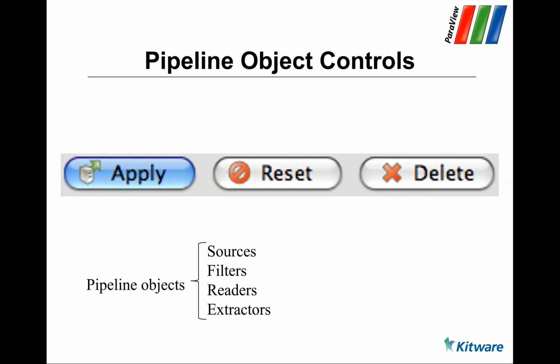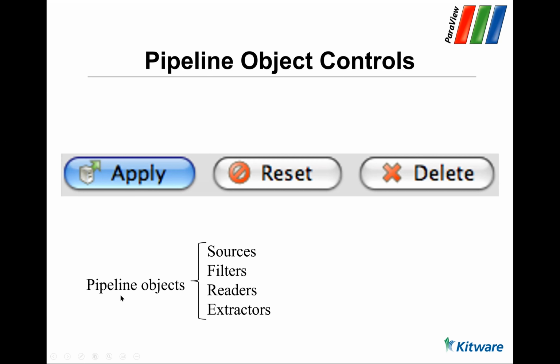Okay, so next, we talked about the need to always press apply when you create a new filter or when you change properties. If you change a property and change your mind, you can click reset. That's going to get the previous value of the property, or you can click delete to delete a filter.